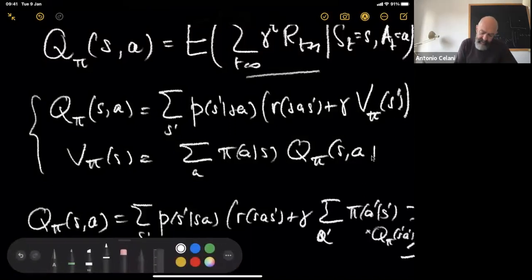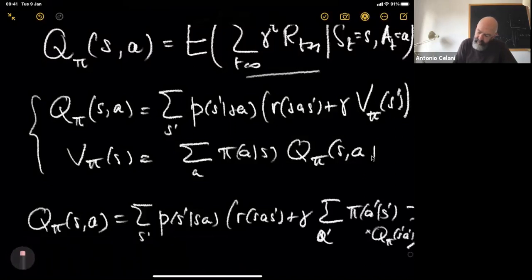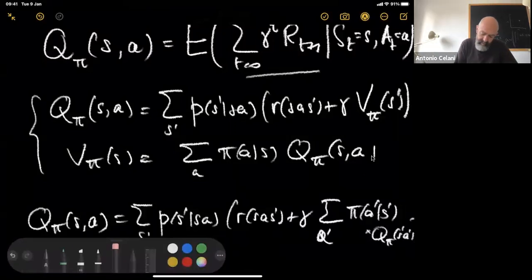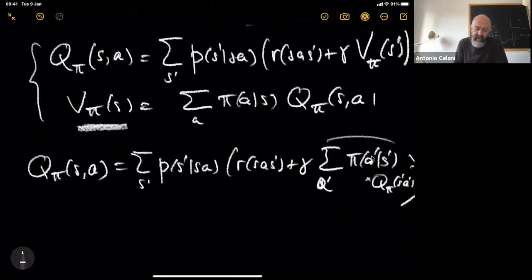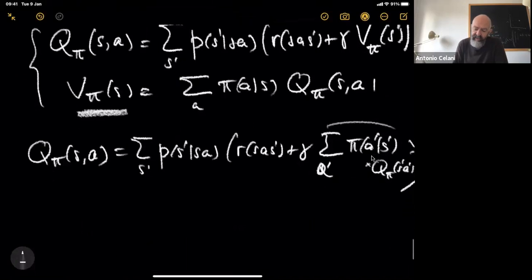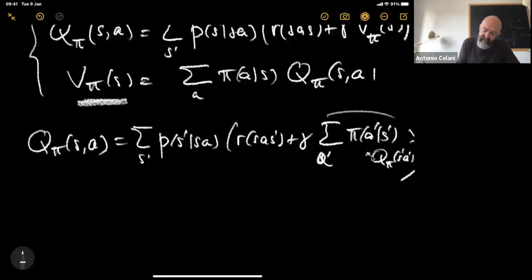Okay, so I just replaced this last expression for the value function here. So this is a closed linear expression for Q, which can be used for temporal difference learning, pretty much as we use the recursion relation for V for temporal difference learning. Okay, so this is the first message, and we will do that in a second.